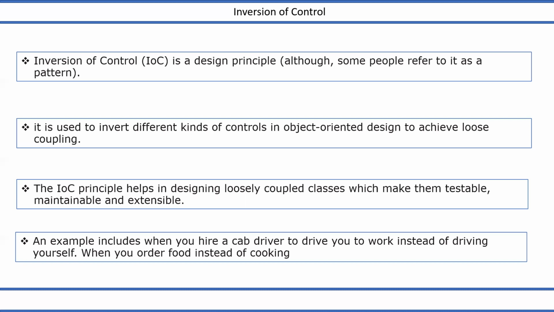I know this is a little bit high level concept, but coming back to it, an example of inversion of control is this: instead of driving your own car going to work, you hire a cab to drive it for you. Or instead of me cooking food right now when I'm very hungry, instead of making my fish and chips, I go on Uber Eats and order macaroni and cheese, and then I eat macaroni and cheese.